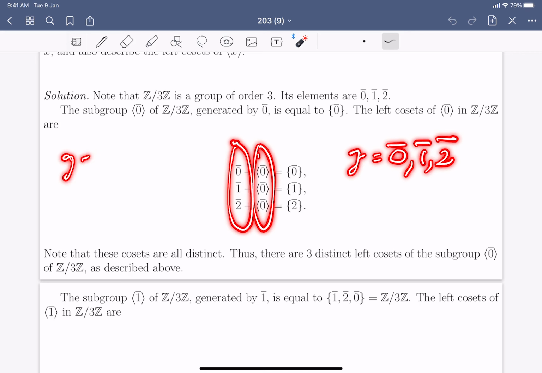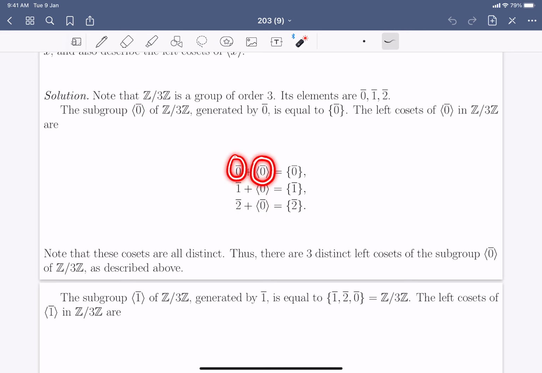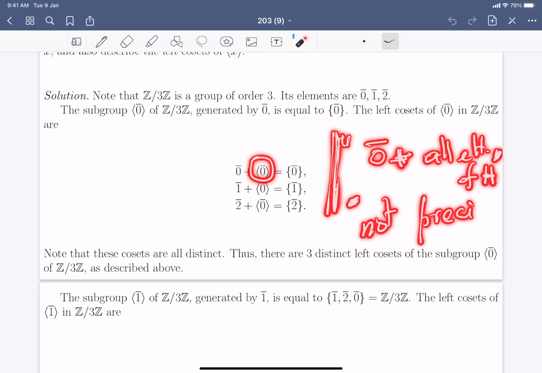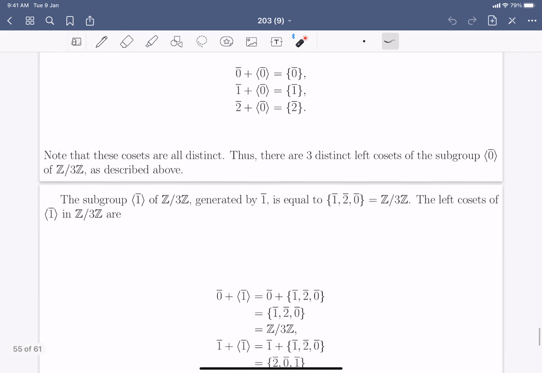So here is your g, the element 0 bar, and here is your subgroup H. By definition, 0 bar plus the subgroup H is 0 bar plus all elements of H. I'm just writing this in a naive manner, which is not precise or accurate.